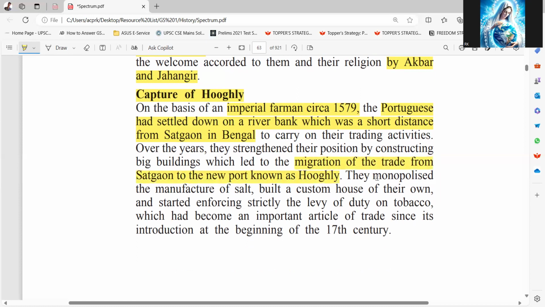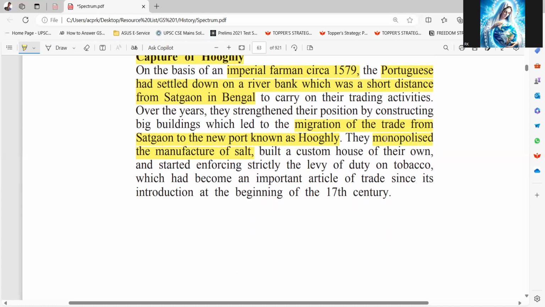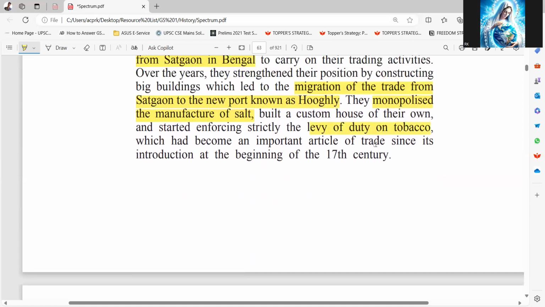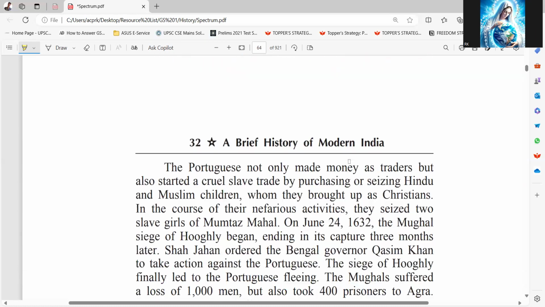They monopolized the manufacture of salt, built a custom house of their own, started enforcing strictly the levy of duty on tobacco, which had become an important article of trade since its introduction at the beginning of the 17th century.